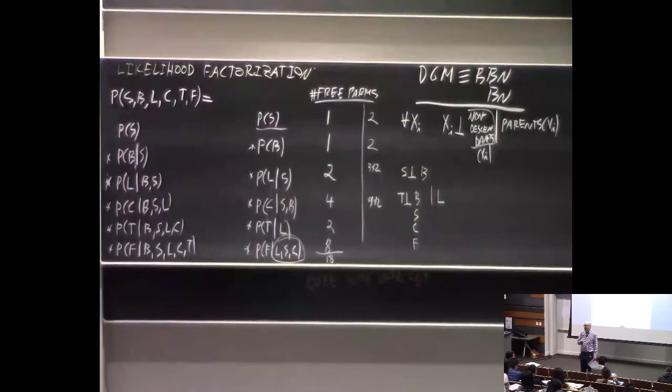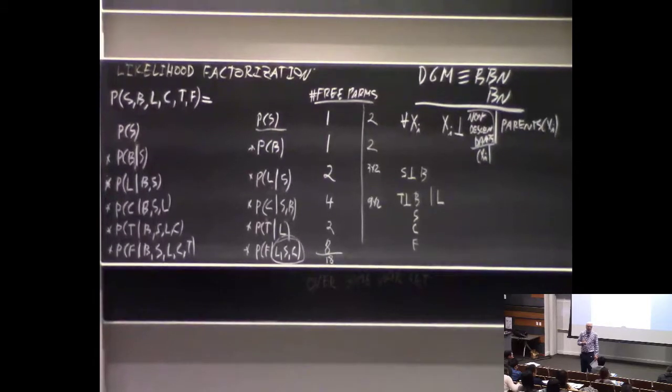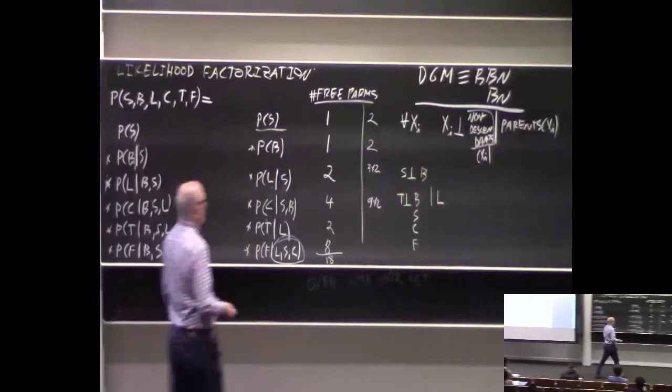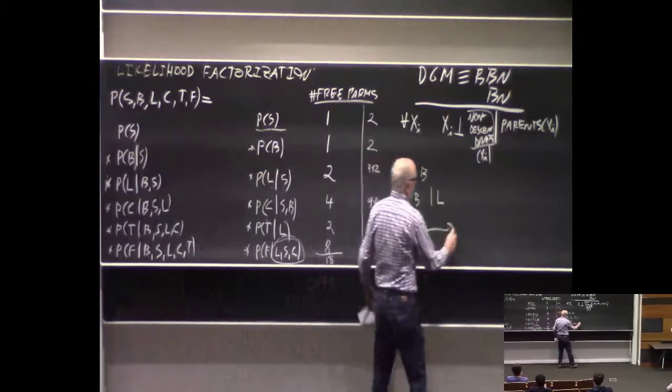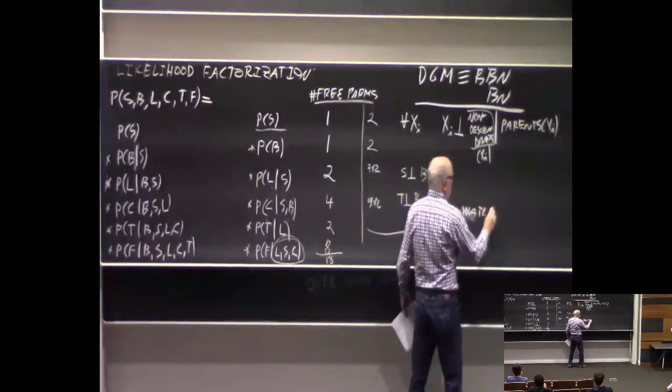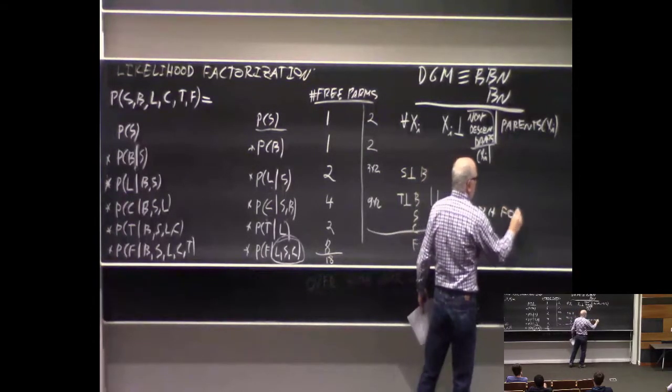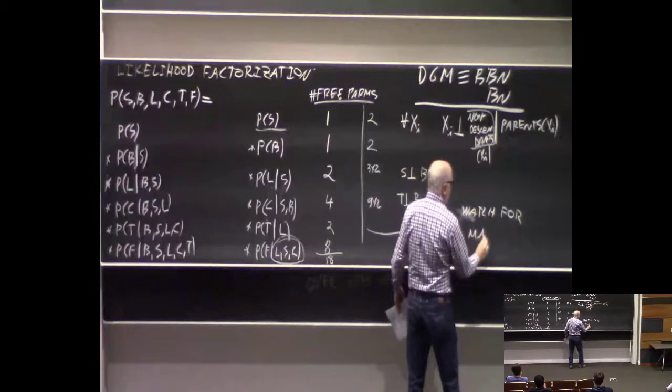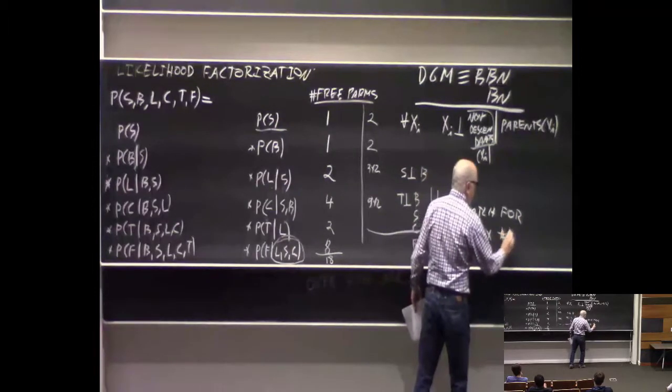The number of parameters you'll have to estimate for the second network is probably going to be larger. So it's the maximum number of parents that is really the determiner of the order of the number of parameters you're going to have. So beware of, or watch for, the maximum number of parents.